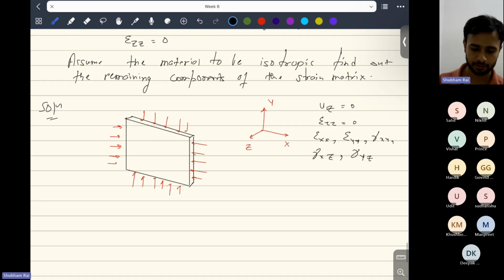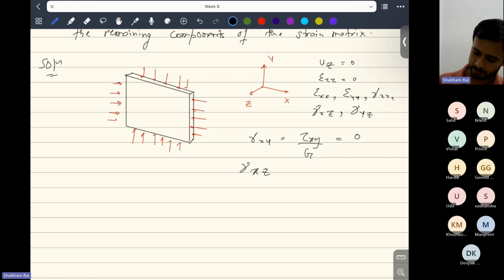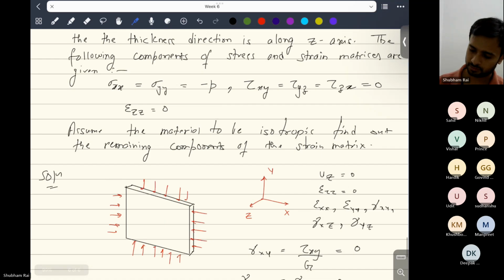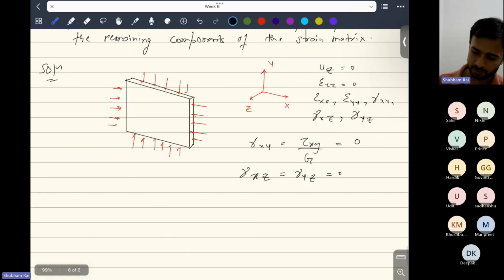These components you need to find. So you know that gamma xy is nothing but tau xy divided by G, right? So that's why this will be 0 because tau xy will be 0. And similarly, gamma xz will be equal to gamma yz, and these two also will be equal to 0 because all these stresses are also 0, so strains will be 0 from the considered relation.